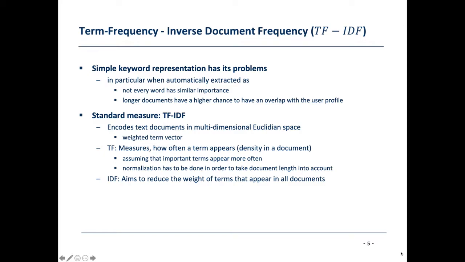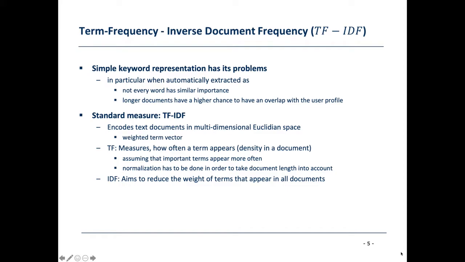That dimensional space is the size of the vocabulary that I choose to extract from the document corpus that I have available to me. And so I have something which allows me to weight particular terms based upon their frequency of usage, both within a document and across the entire corpus.